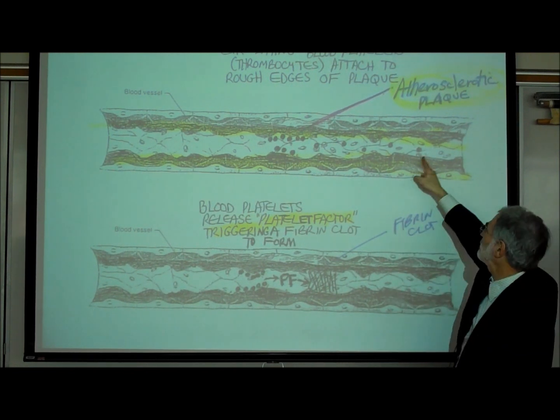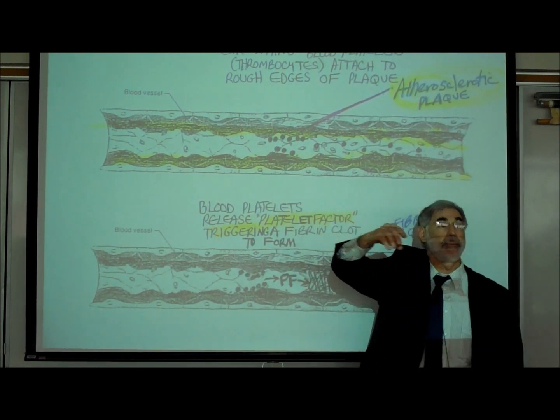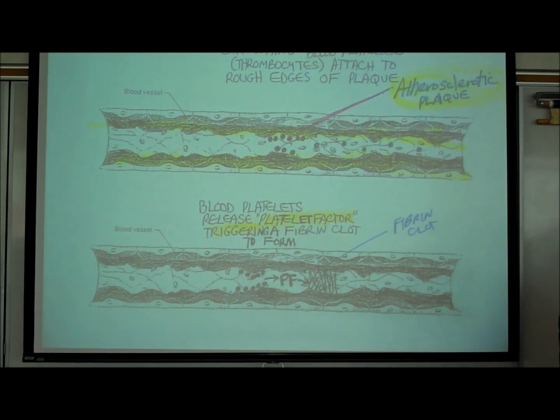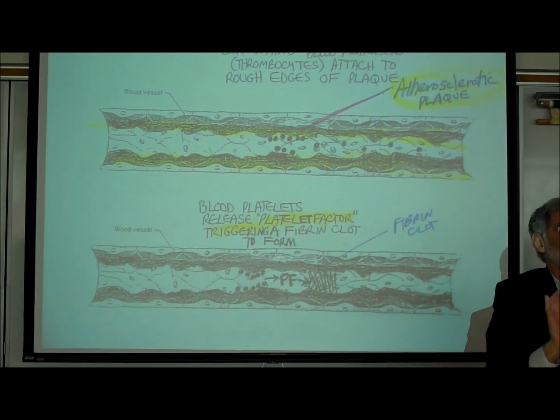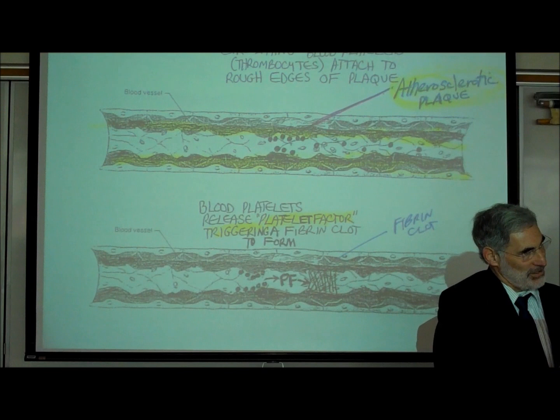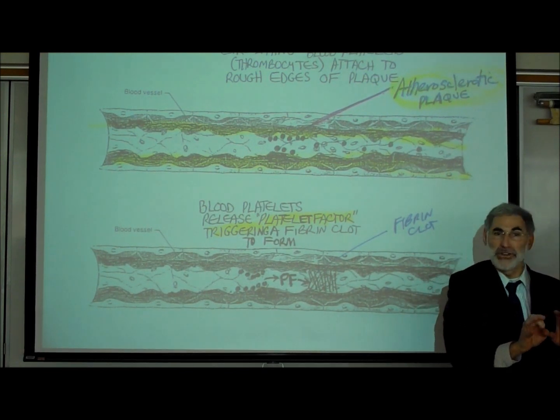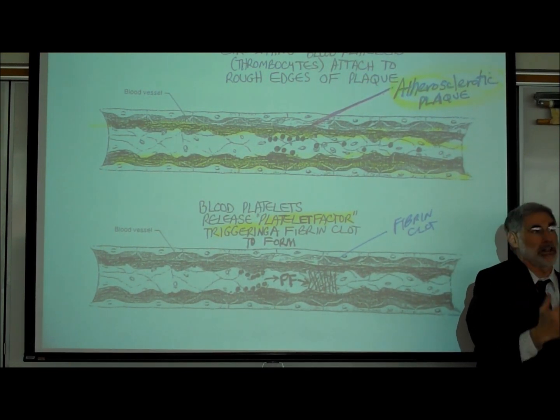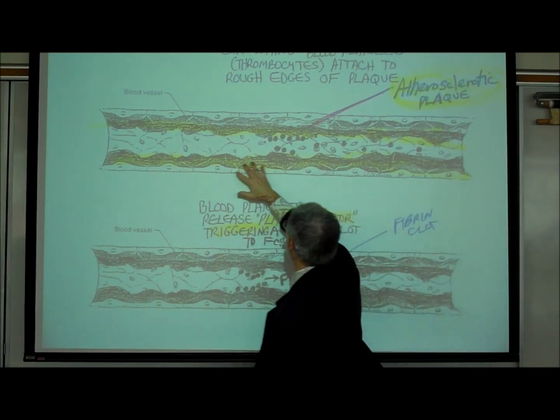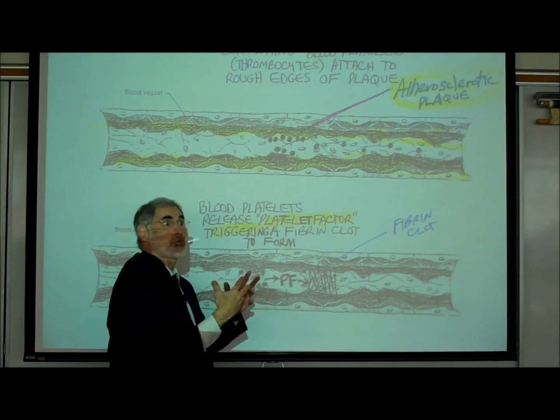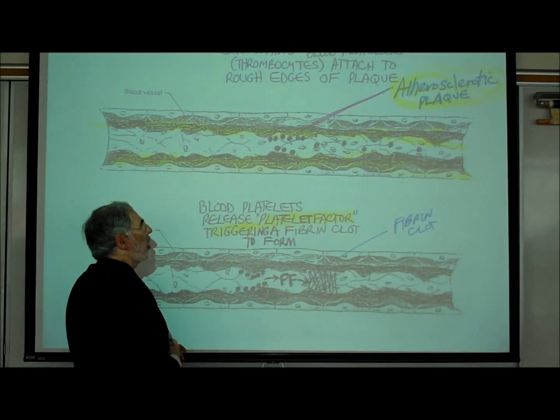And we said that circulating in our bloodstream all the time are these little platelets, and they are designed to attach to rough surfaces. Normally the rough surface would be created by a cut wall of a vessel. But now we've got rough surfaces due to all that crud that's built up on the inner walls.